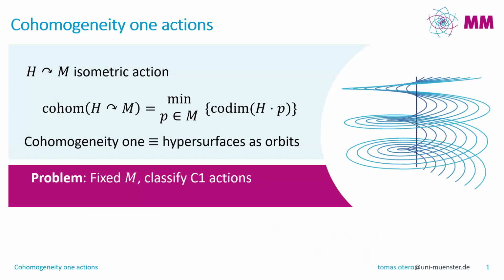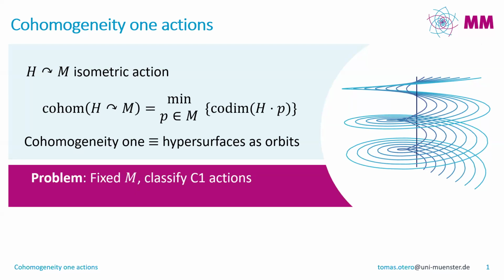Today I'm going to speak about some recent developments on the classification of cohomogeneity-one actions on symmetric spaces. So our setting will be the following. We have M a Riemannian manifold, which, just for the sake of avoiding technicalities, I'm going to assume is connected and complete, and H a connected Lie group acting isometrically on the Riemannian manifold.